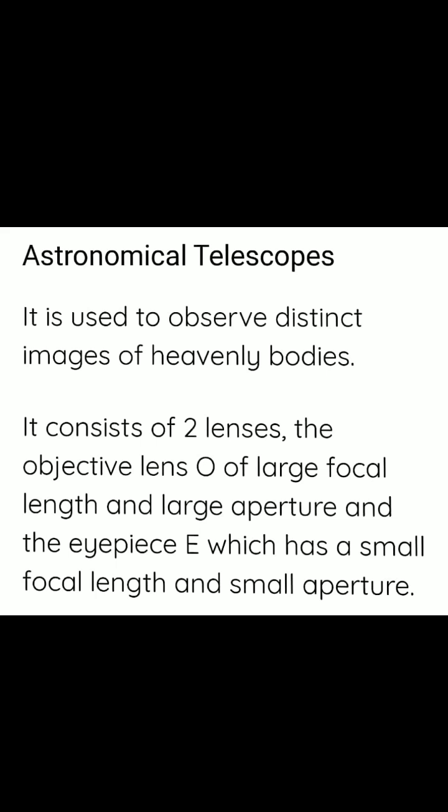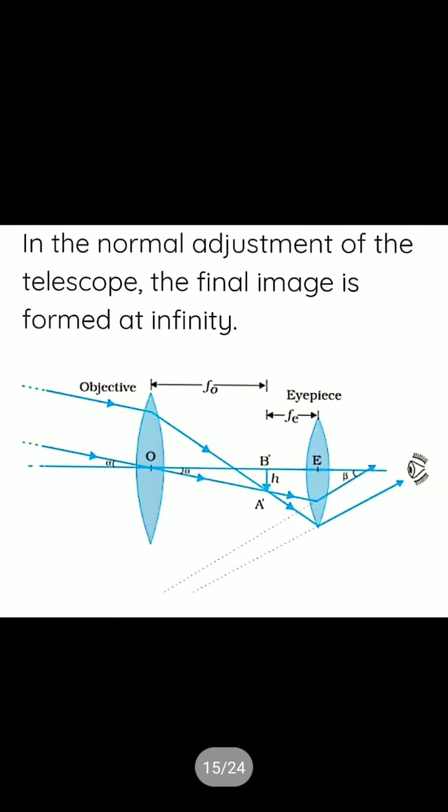But in a compound microscope the objective has a short aperture and short focal length, and the eyepiece has a larger aperture and a focal length greater than the objective. Here it is just opposite: the objective has a large aperture and the eyepiece a small aperture and small focal length. In this case the focal length of the objective is larger than that of the eyepiece.